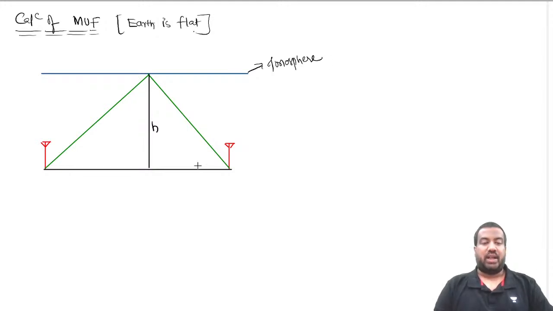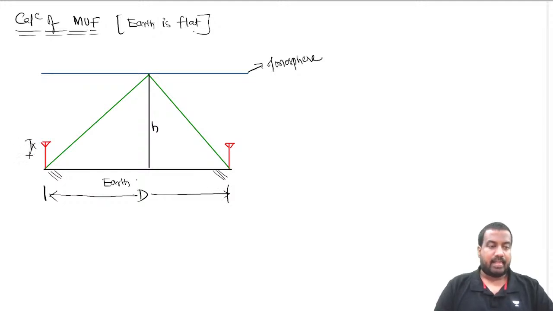This is ionosphere. This is the Earth surface. Capital D is the distance between the transmitter and receiver. This is D by 2. This is D by 2.